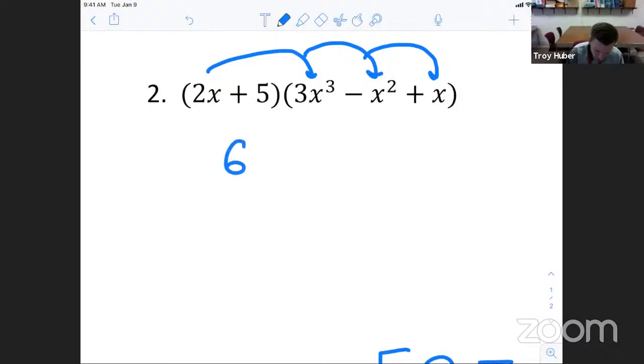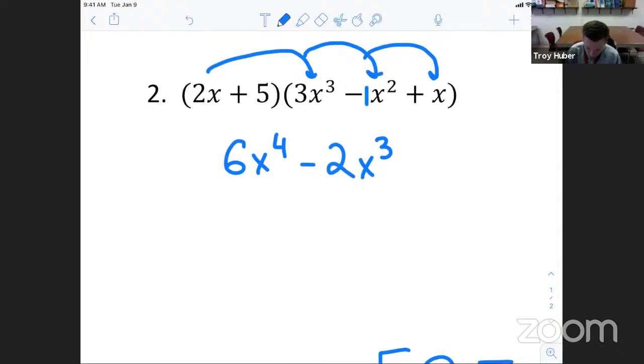And then we have x times x cubed would be x to the 4th power. Then we have 2x times negative x cubed, or we could say negative 1. So 2 times negative 1 would be negative 2. X times x squared is going to be x cubed, or x to the 3rd power.